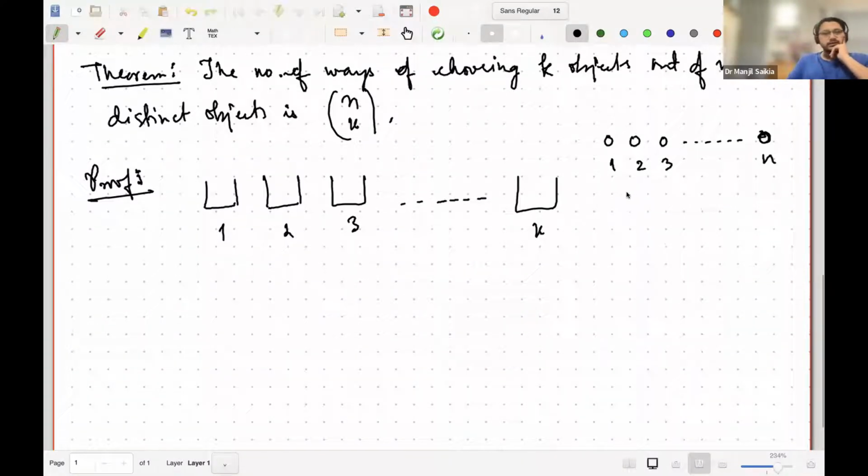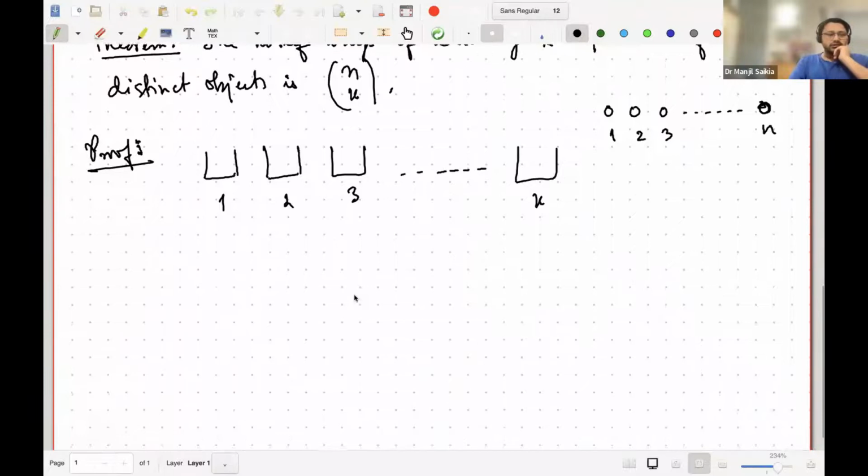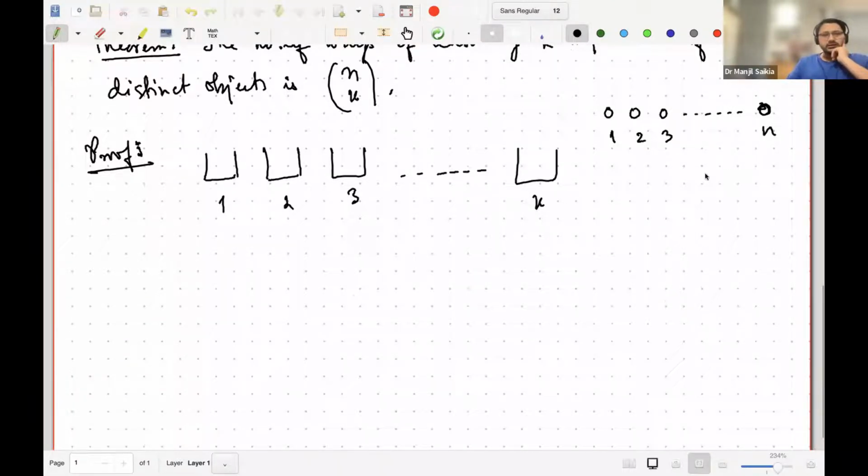And by the counting, I mean, by the multiplicative rule. I think the correct terminology is the multiplicative rule. We can do this quite easily. If the order does not matter, then you pick any of these n objects and put it into the first box. This can be done in n ways. Then you pick any of the remaining n minus 1 objects and put it into the second box. This can be done in n minus 1 ways.